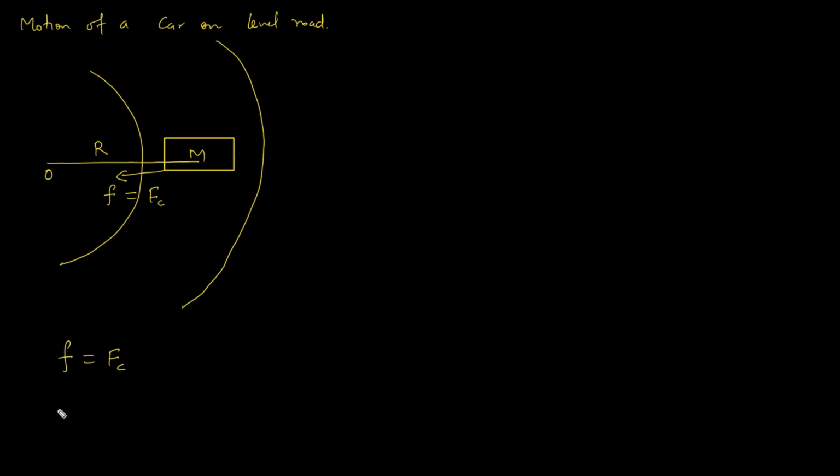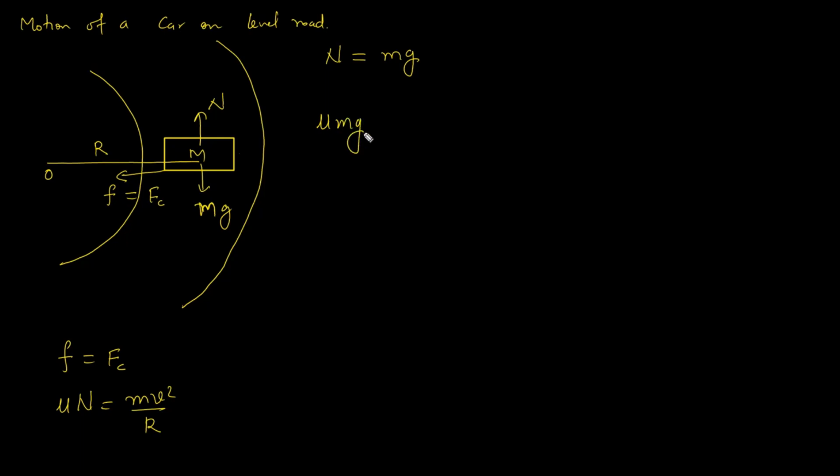Now we know the friction force is mu N, and the centripetal force Fc is mv square upon r. N will be equal to mg. You can see the force due to gravity vertically downwards is mg, and this is equal to the normal contact force.